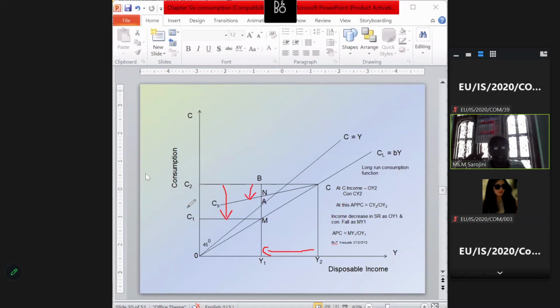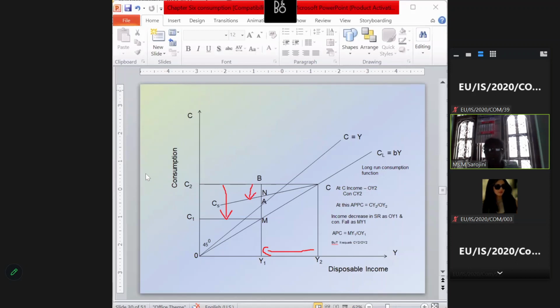Rather than decreasing their consumption from B to M, they are decreasing only from B to N, and they utilize the AN amount, that is the saving, to maintain their standard of living with their peer groups.